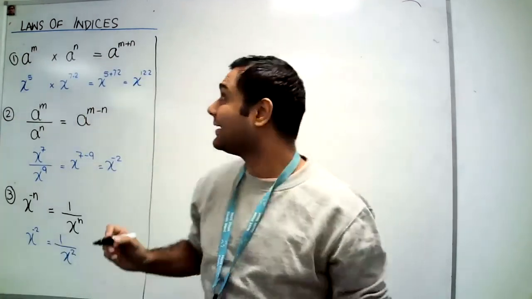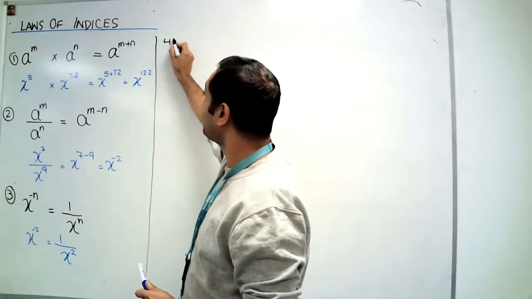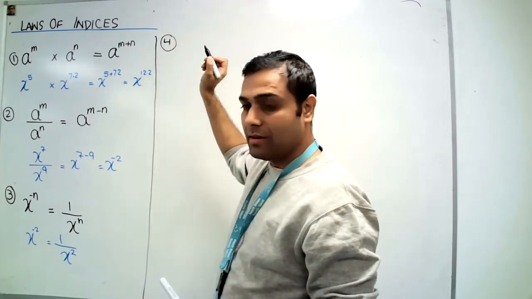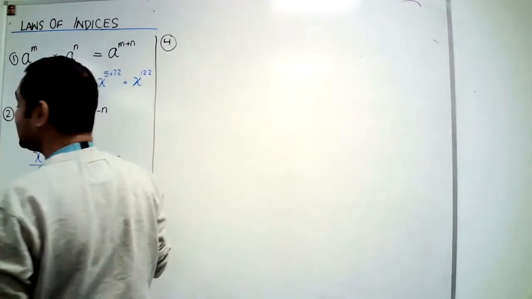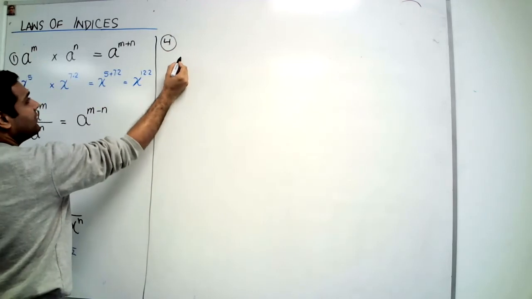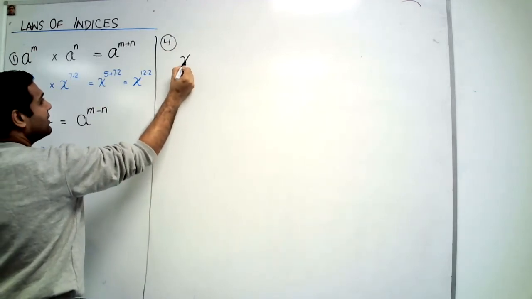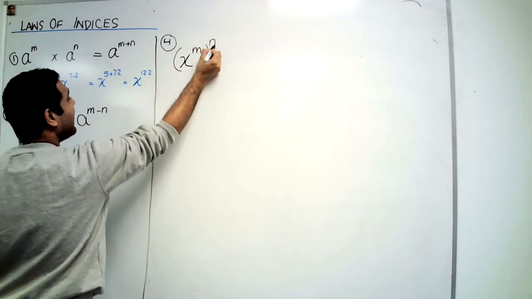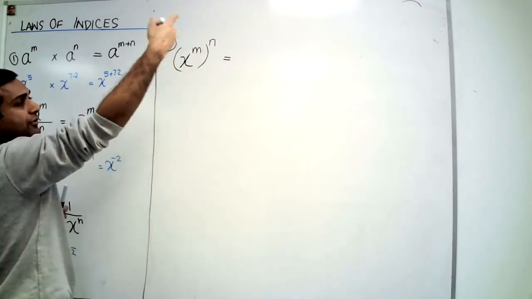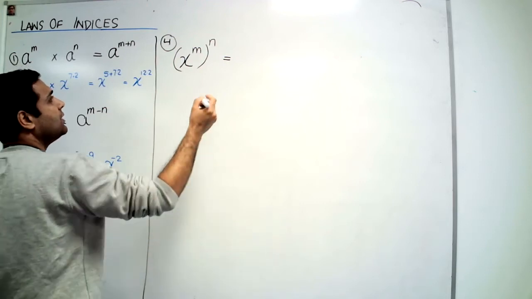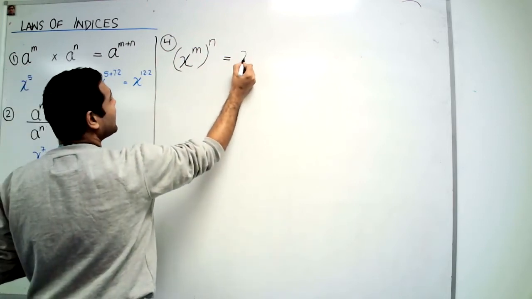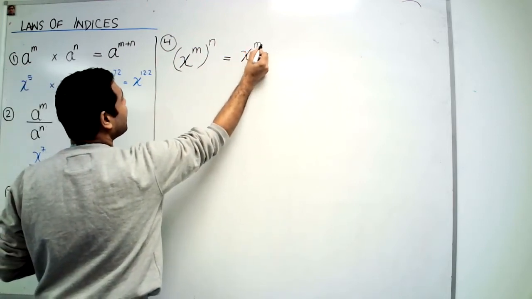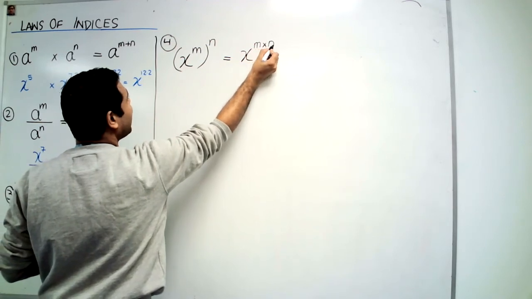Okay, the next rule. Let's say you got x to the power m, to the power n. So they are power of the power. Then that will be x to the power m multiplied by n.